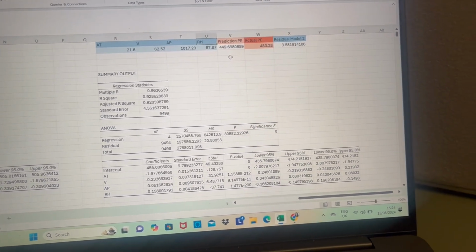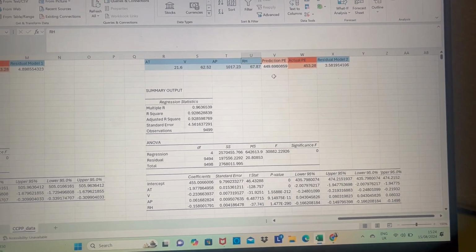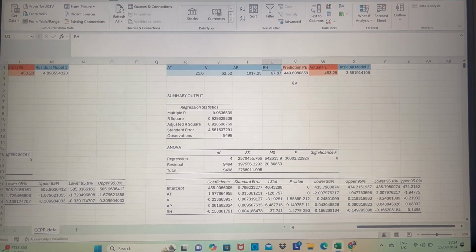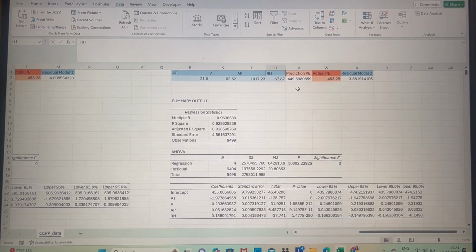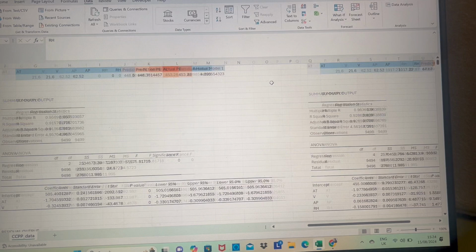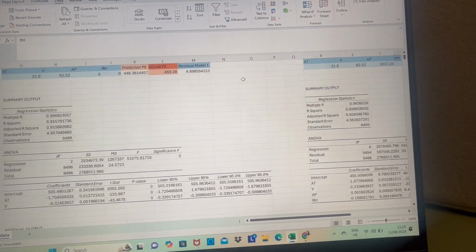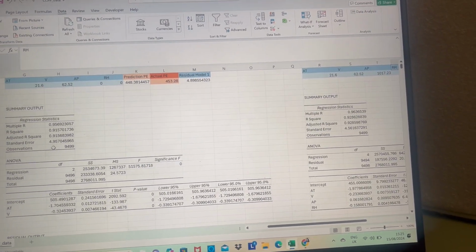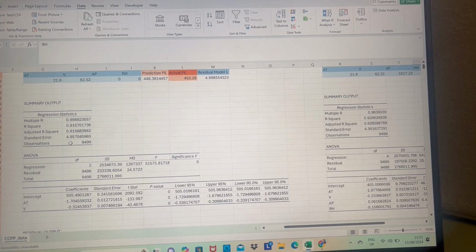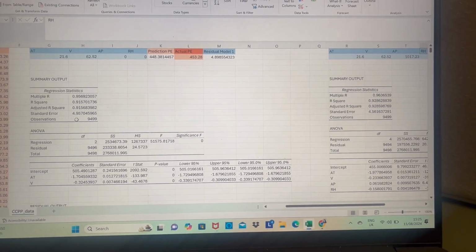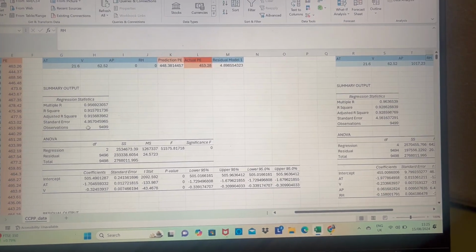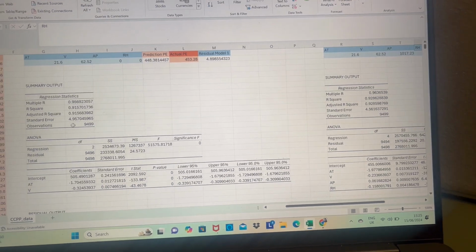And again, we're still trying to predict the net hourly electrical energy output as represented here by PE. In both of the models, I have used 9,499 observations, and the last 20 observations at the very bottom of the file we're using as a validation set.